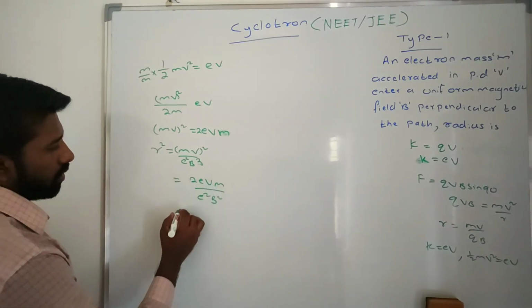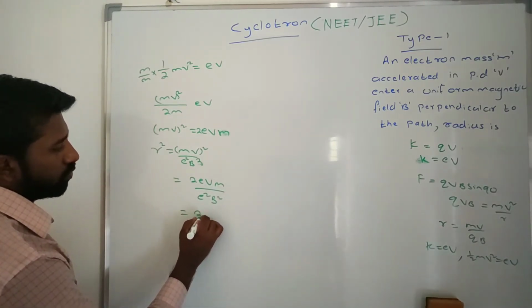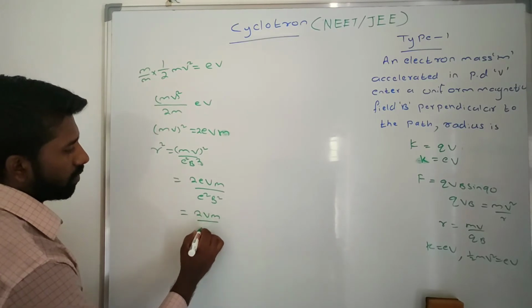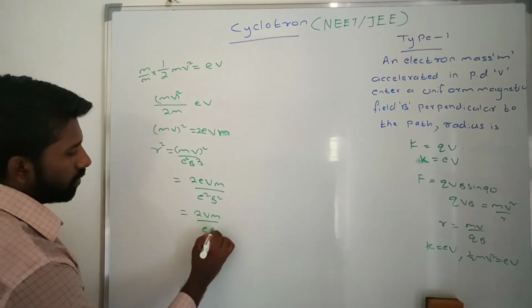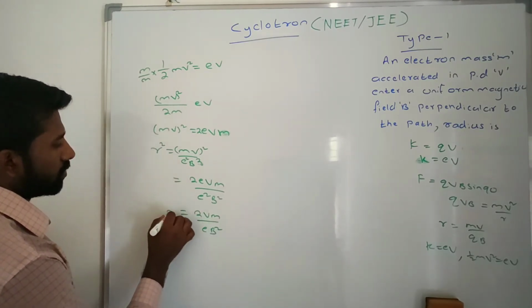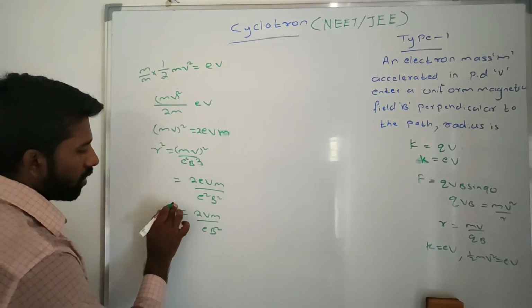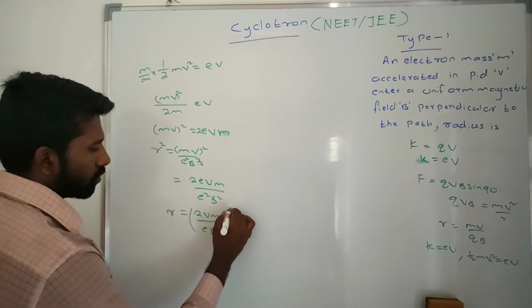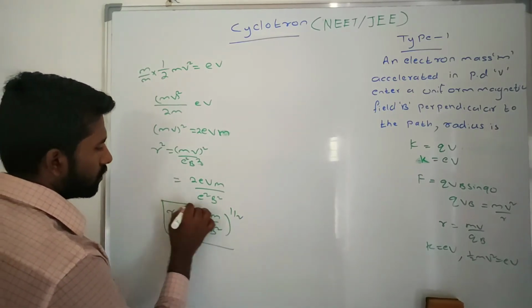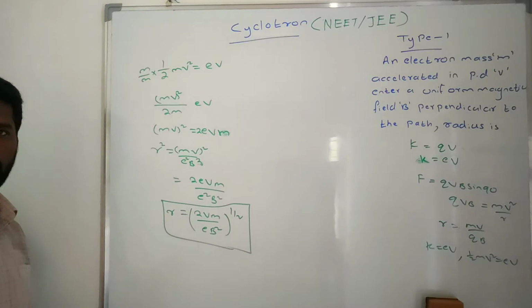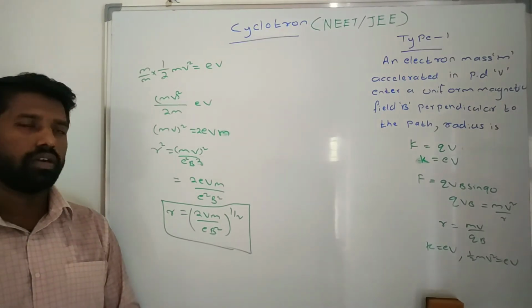Here e and e cancel, so what you will get? That is 2Vm divided by e B square. This is the r square value. If I want the r value, we take the square root. Okay, this is the radius formula. This is about type 1.